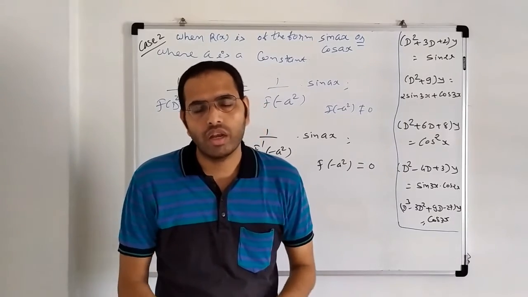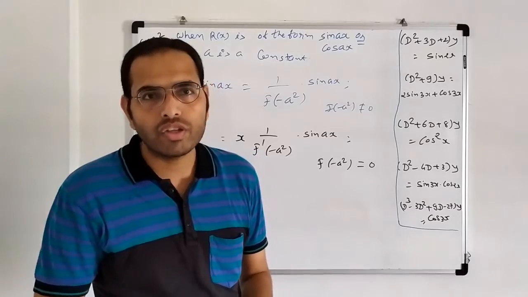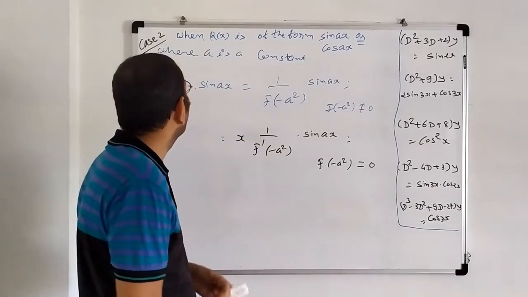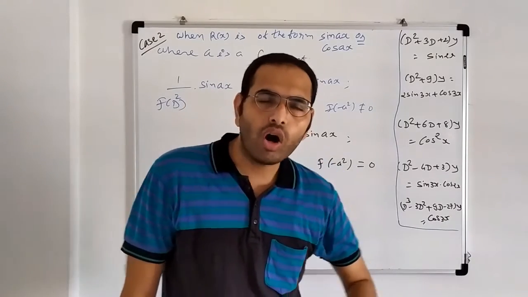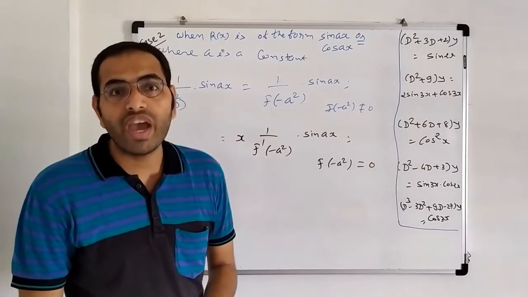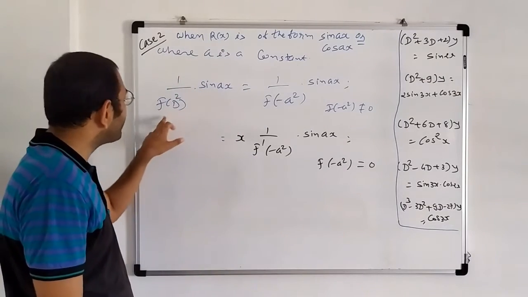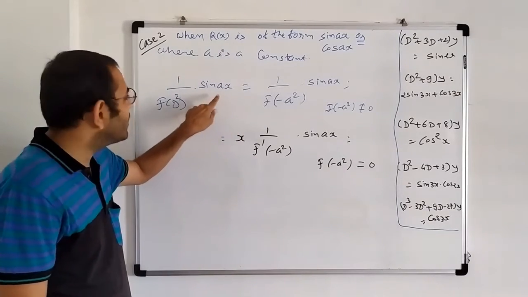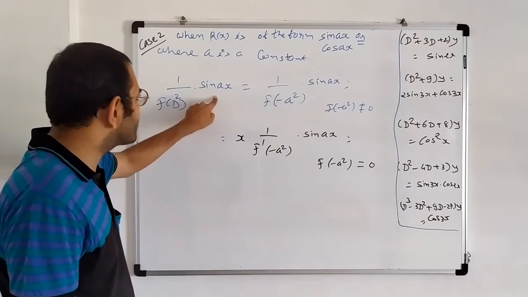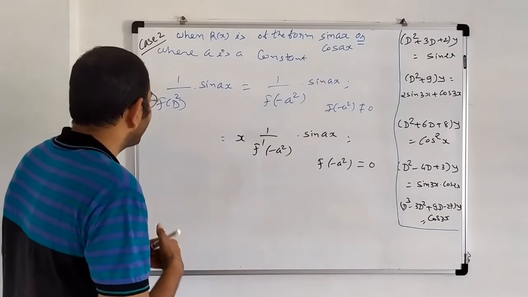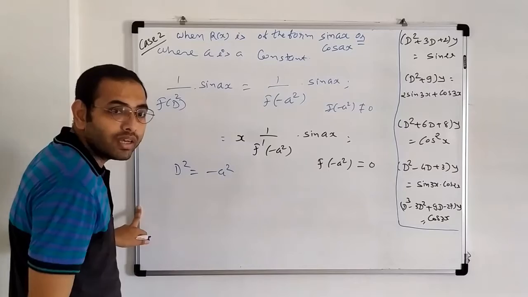Let us understand finding the particular integral by case 2. In case 2, r of x is of the form sin ax or cos ax, where a is any constant, so we have 1 upon f of D square into sin ax. Here we have sin as well as cos, so replace D square by minus a square.